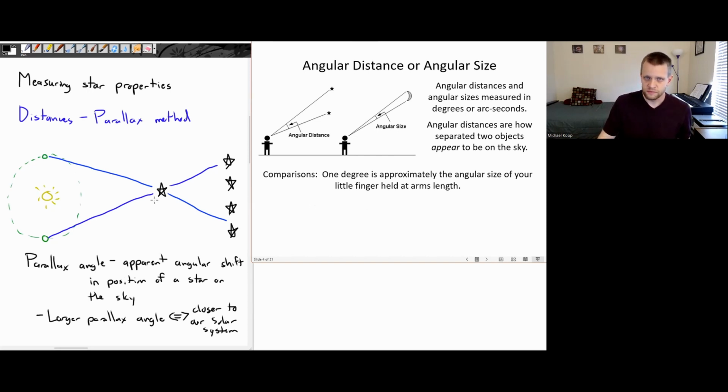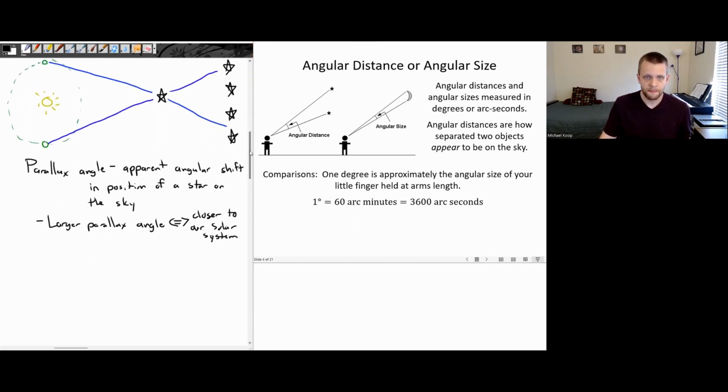However, all stars outside of our solar system, other than the sun, are so far away that these parallax angles are very small and very difficult to measure. So instead of measuring these angles in degrees, we talk about arc seconds. So let me define an arc second.